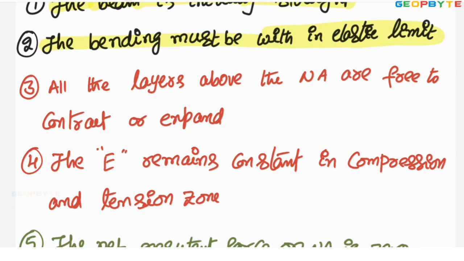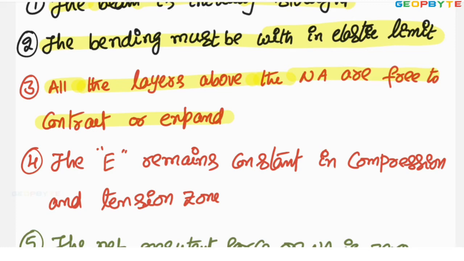Next assumption, all the layers above the neutral axis are free to contract or expand. Of course, you can also say all the layers above the neutral axis and below the neutral axis are free to contract or expand.